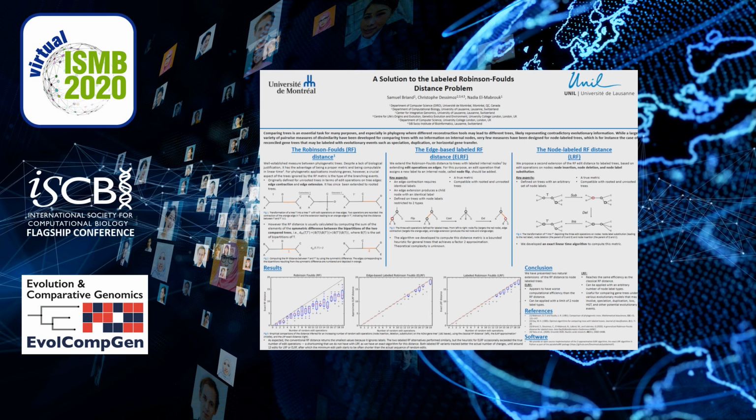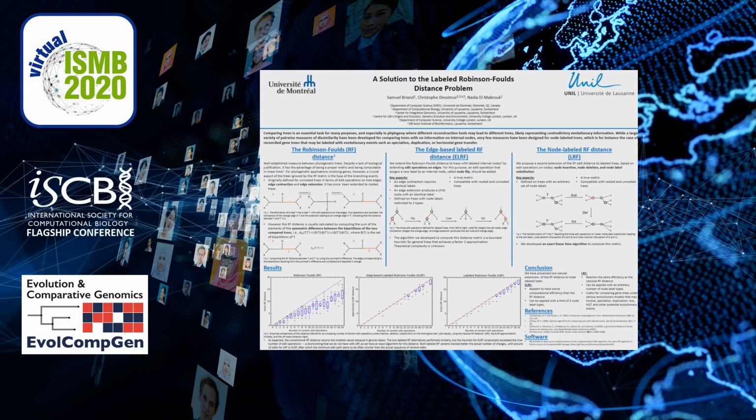Our second and most recent extension of the Robinson-Foulds edit distance to label trees is based on edit operations on nodes. We introduced 3 operations: node insertion, node deletion, and node label substitution. The mechanisms of the operations on nodes are depicted and described in figure 4.